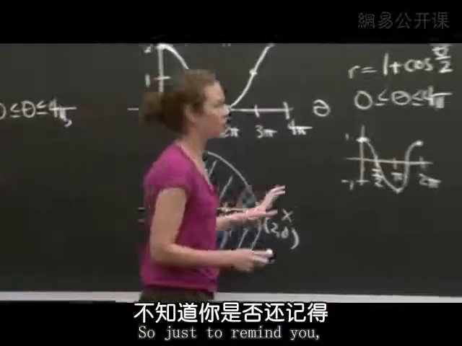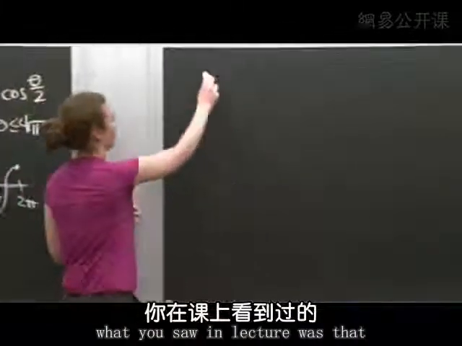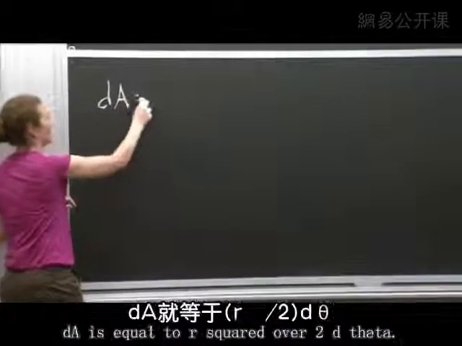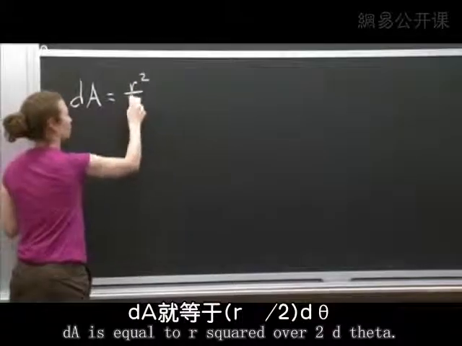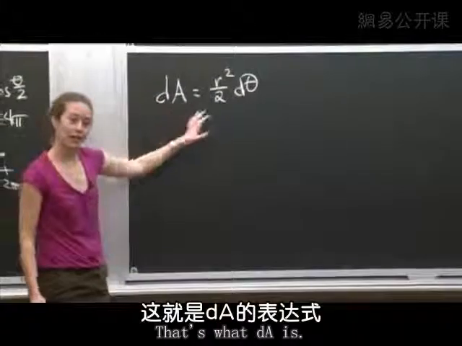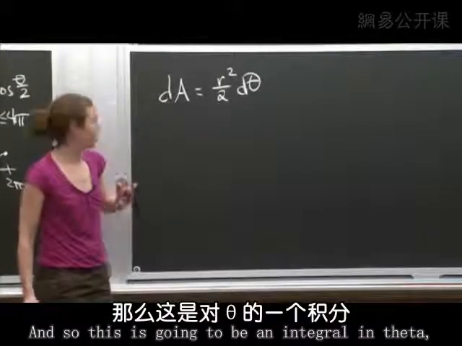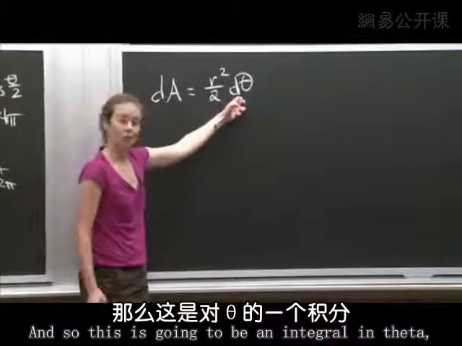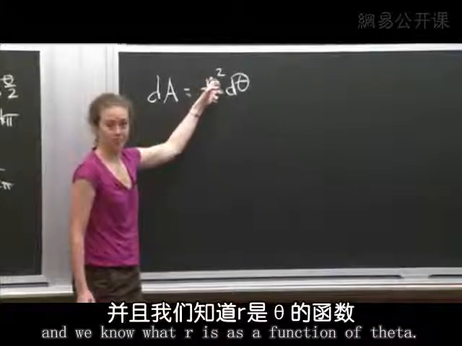So just to remind you, what you saw in lecture was that dA is equal to r squared over 2 d theta. That's what dA is. And so this is going to be an integral in theta, and we know what r is as a function of theta.